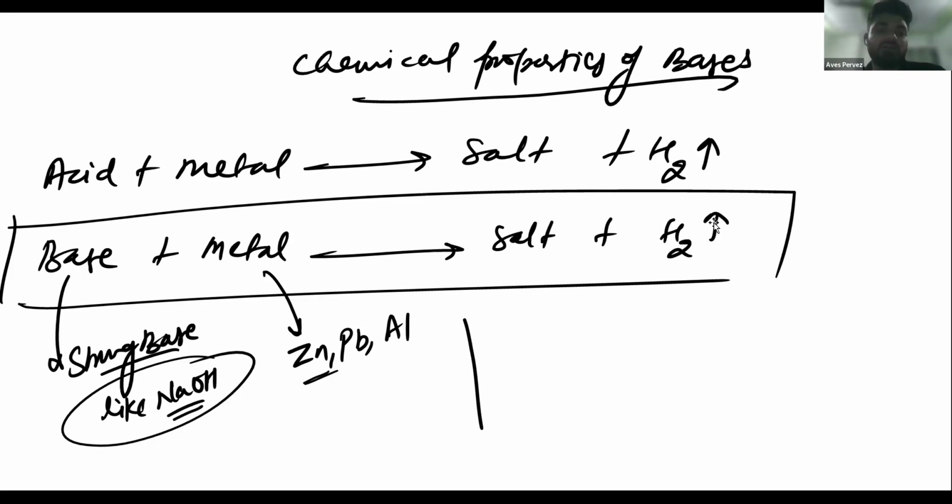But here the base should be a strong base like NaOH, and the metal should be like zinc, lead, and aluminium. Okay, so note it down. We have just started the chemical properties of bases.